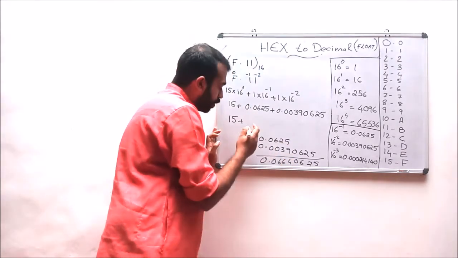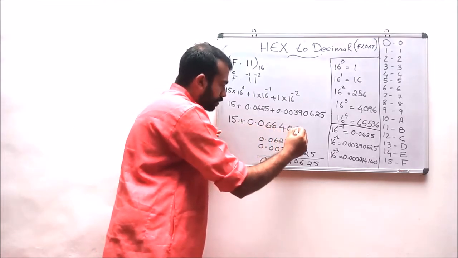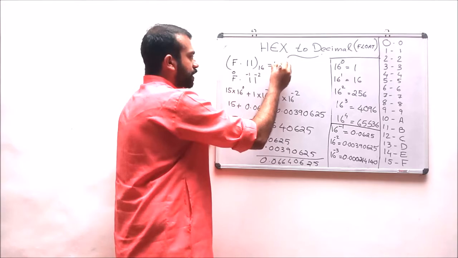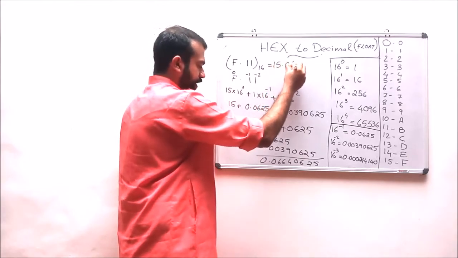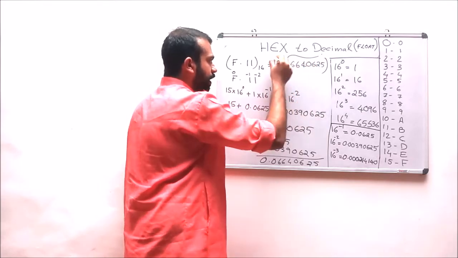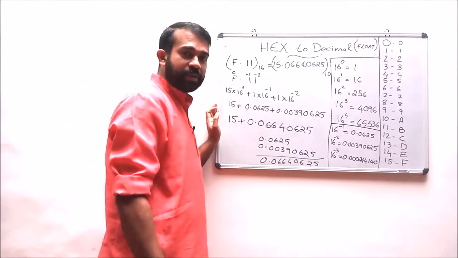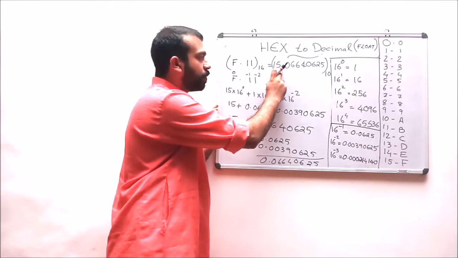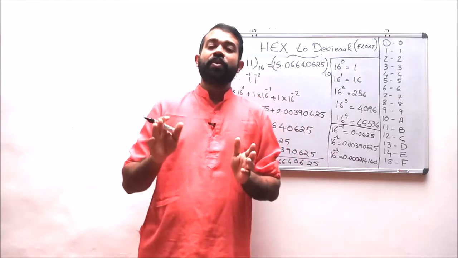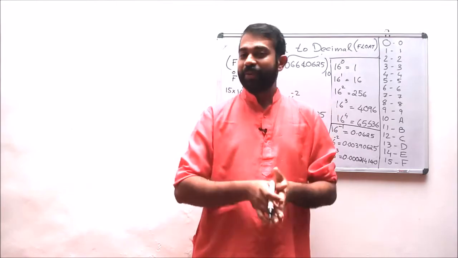So the final result will be 15 added with 0.06640625, which results in 15.06640625 to the base 10. So the hexadecimal number F.11 can be represented in decimal as 15.06640625. So my dear students, this is how we are converting a fractional hexadecimal number into its decimal equivalent.